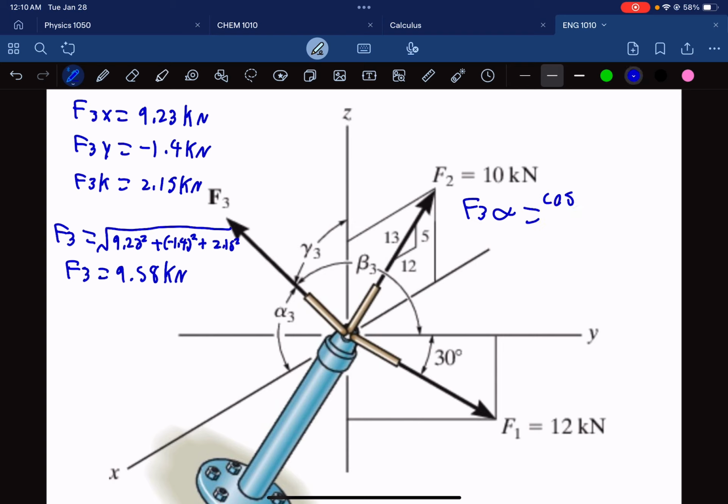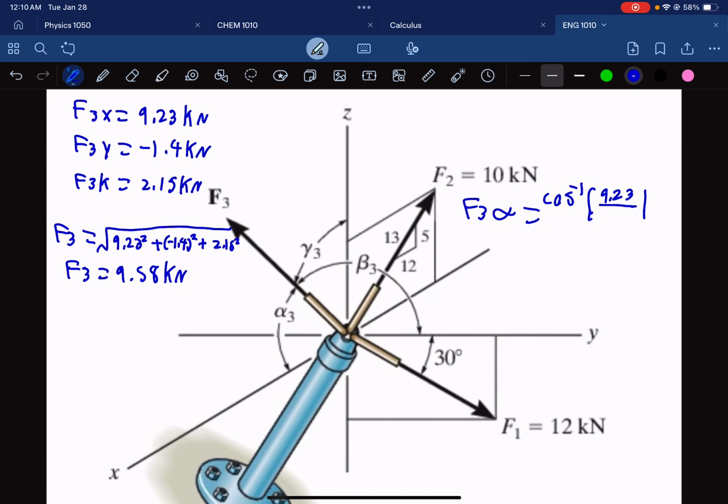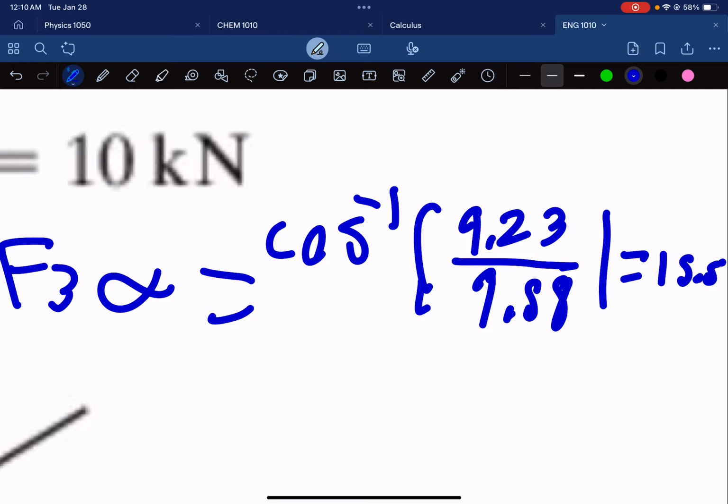We just want to go cosine inverse. And if we want to solve for this, it's going to be cosine inverse. Obviously, we're going to look for our fx, which is 9.23, and then over our magnitude, which is 9.58, like that. And this should get you 15.5 degrees. The messy writing there, guys. 15.5 degrees.